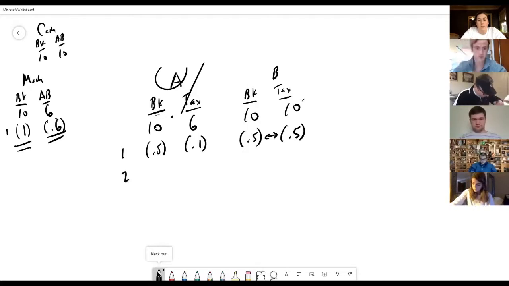If we then sell for 9, we would then have 0 of book gain. Okay, B gets 0 of tax gain. Whatever's left, which is 3.6, goes to A. So A gets taxed on all 3.6 of the gain.